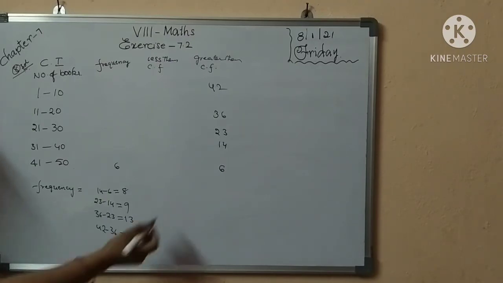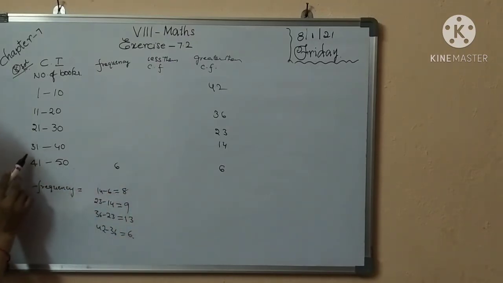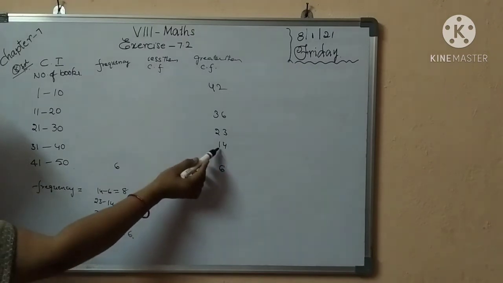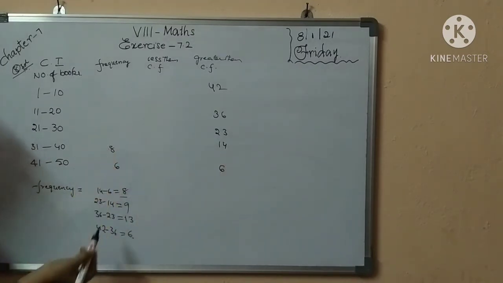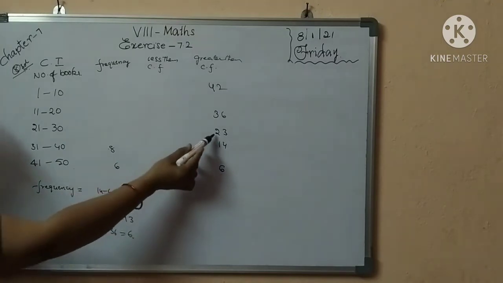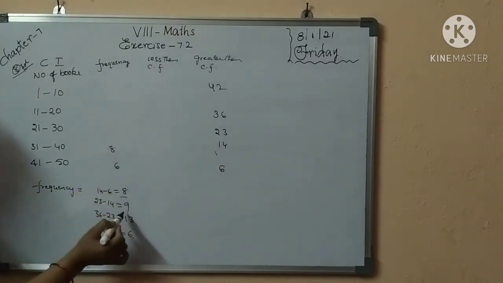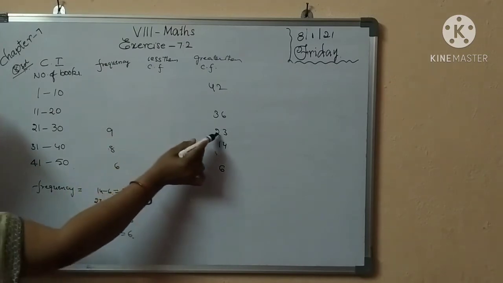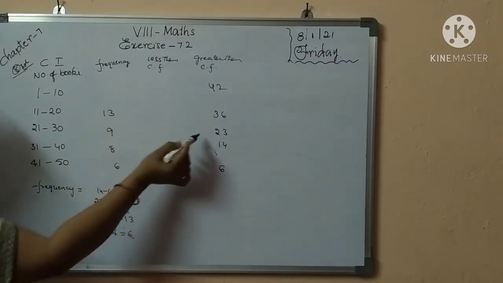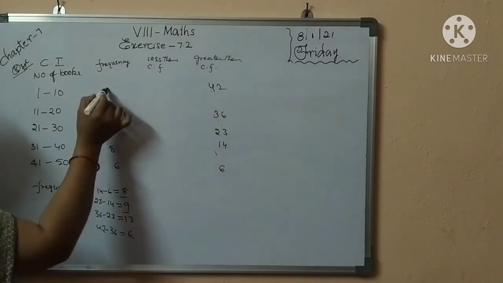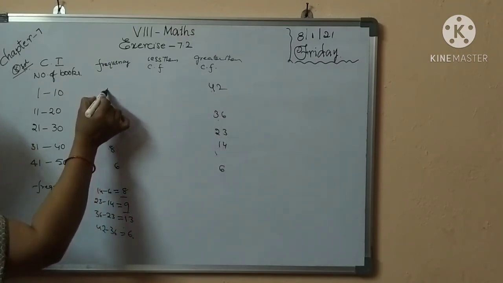Okay children, so here 6. Next, 14 minus 6 is 8. Next, 23 minus 14 is 9. Next, 36 minus 23 is 13, and 42 minus 36, the difference, is 6.